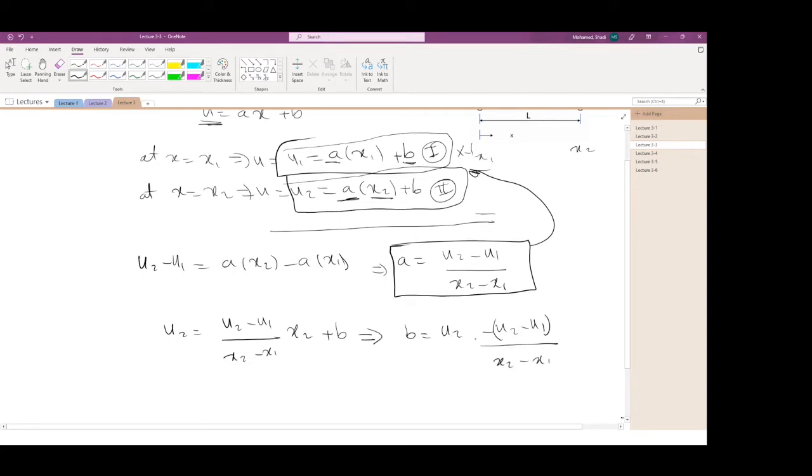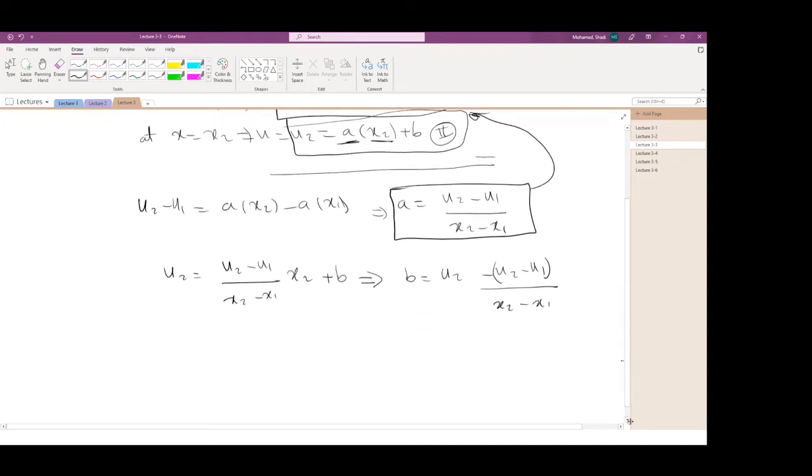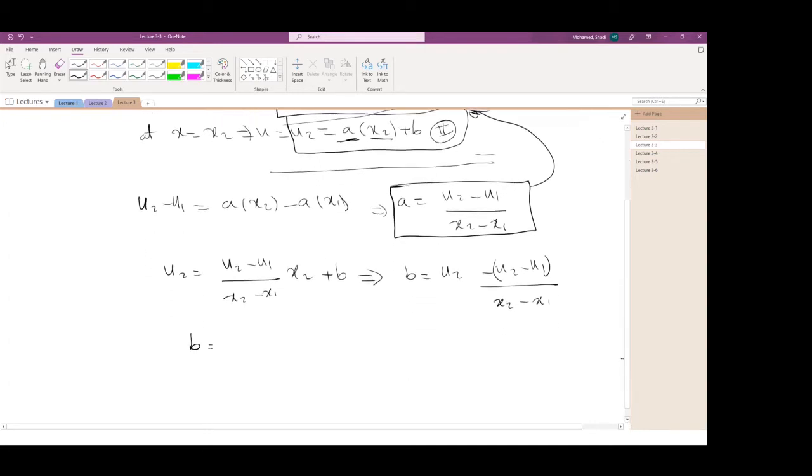And in order to be able to add the U2 to these terms, I need to multiply it with x2 minus x1. So in this case, I would have B equal to U2 multiplied with x2 minus U2 multiplied with x1. And then I can subtract these ones in here. The x2 also is part of it. So it is minus U2 multiplied with x2 and plus U1 multiplied with x2.